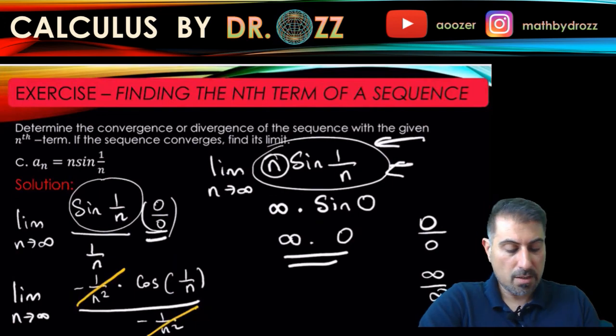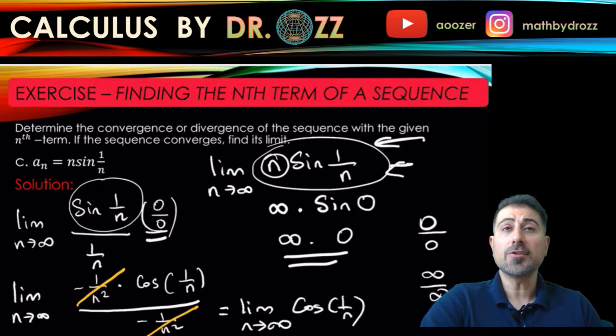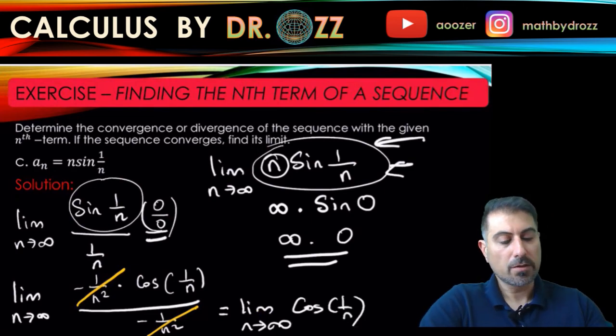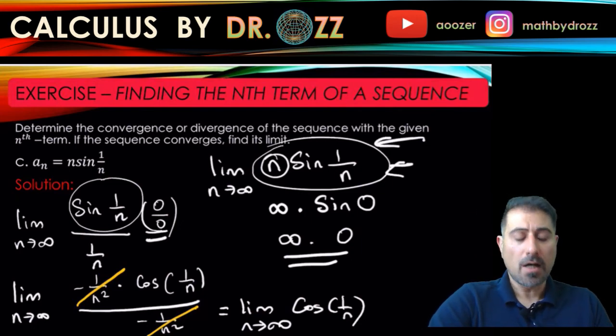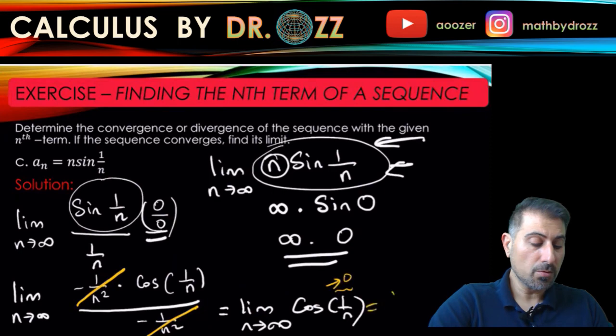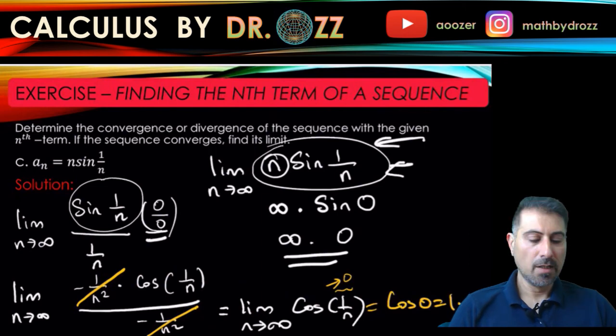Then I have the limit of cosine 1 over n left here. Okay, let me erase those. As n approaches infinity, 1 over infinity approaches 0, right? This part goes to 0, and cosine 0 is simply 1. So this implies that the limit of n sine 1 over n is equal to 1.